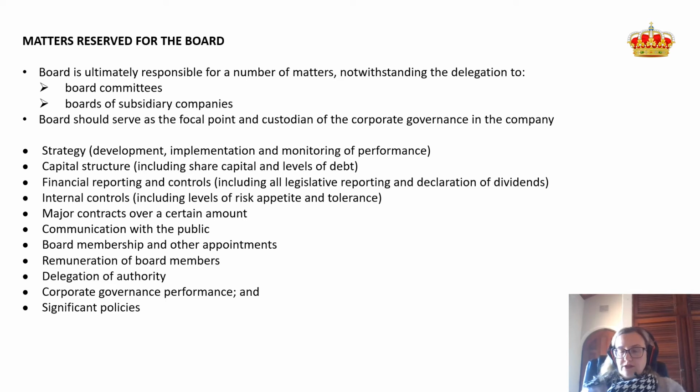Internal controls, particularly with regards to the levels of risk that a board is prepared to take on. If we're going to develop a strategy, we must understand the risks to that strategy, and therefore we must mitigate those risks through various mediums, including our internal controls.